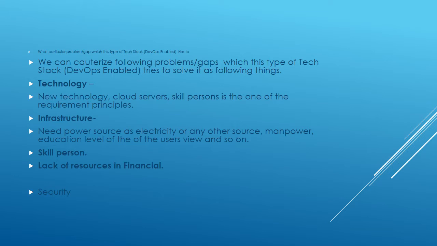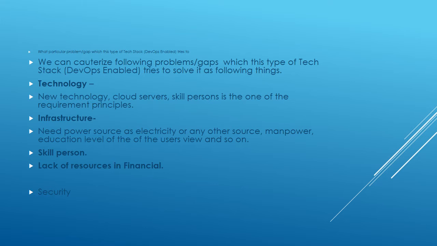The next thing is skilled persons. At the moment there is a lack of skilled persons in these fields, and we can consult any other related country or developed country for skilled persons in due course.